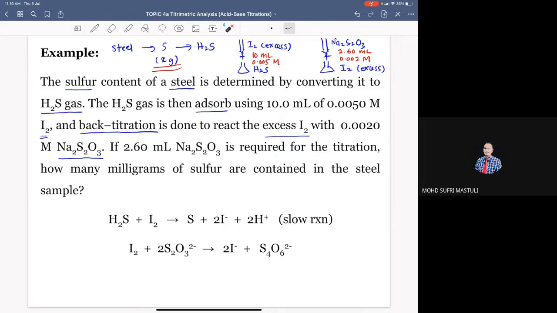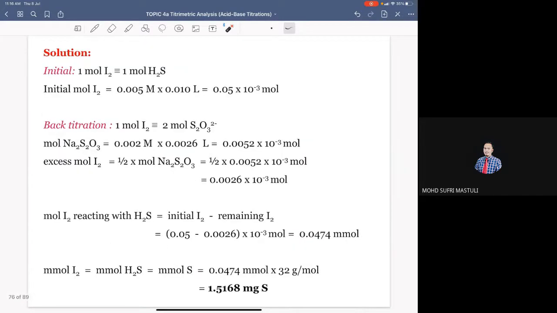So determine the mole by using the formula of molarity, which is mole per liter. Okay, so initial mole of iodine in the first titration, which is the excess amount.